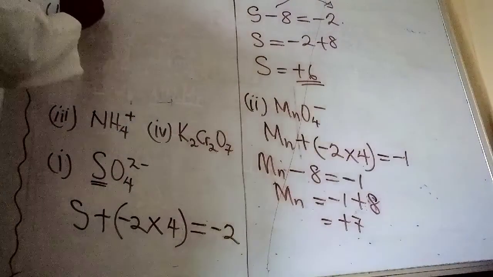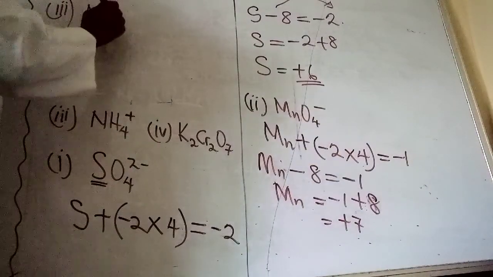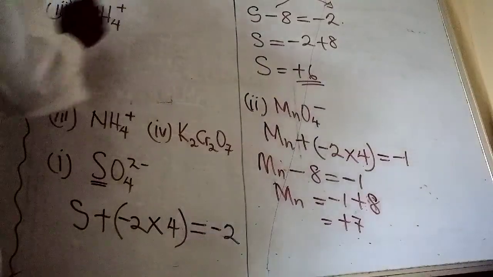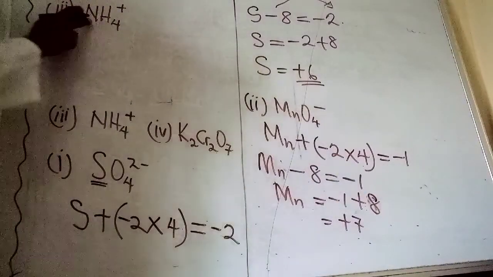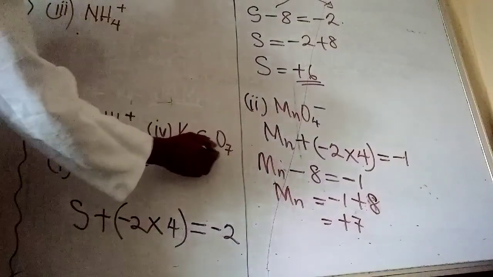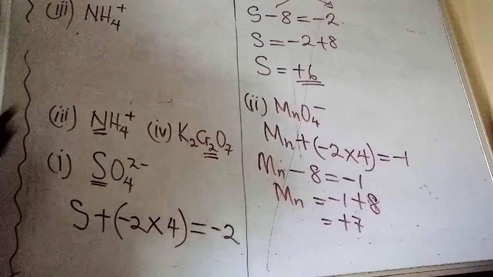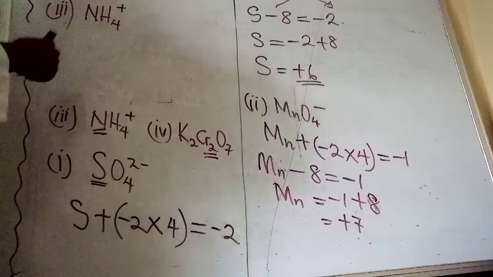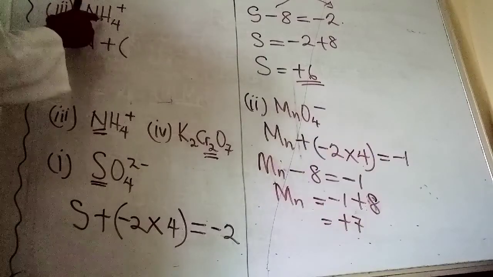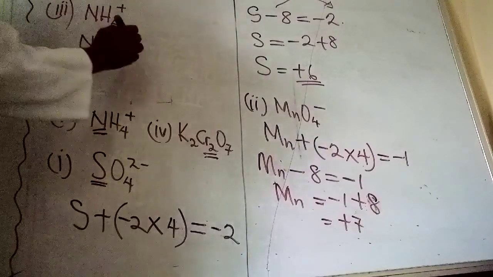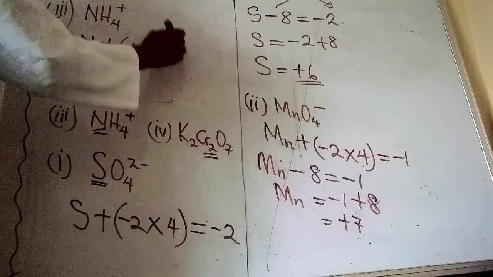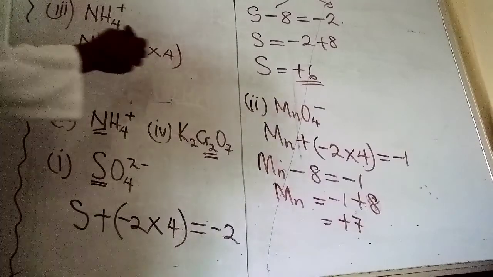Now for figure 3, NH4 positive, that is ammonium ion. We are looking for that of nitrogen. I didn't underline this, so I need to. Okay, we are looking for that of nitrogen. So that will be nitrogen plus open bracket, oxidation number of hydrogen is plus 1 times the 4 at the bottom of it, which means 4 atoms of hydrogen.